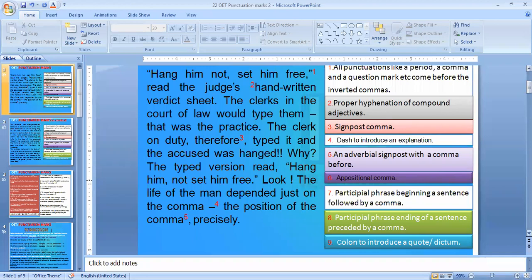Then what happened? When the comma was shifted to before the word not, it became hang him, not set him free. Look, the life of the man depended just on the comma, meaning the position of the comma precisely. So it shows the importance of punctuation marks. Okay, let's see the next slide.